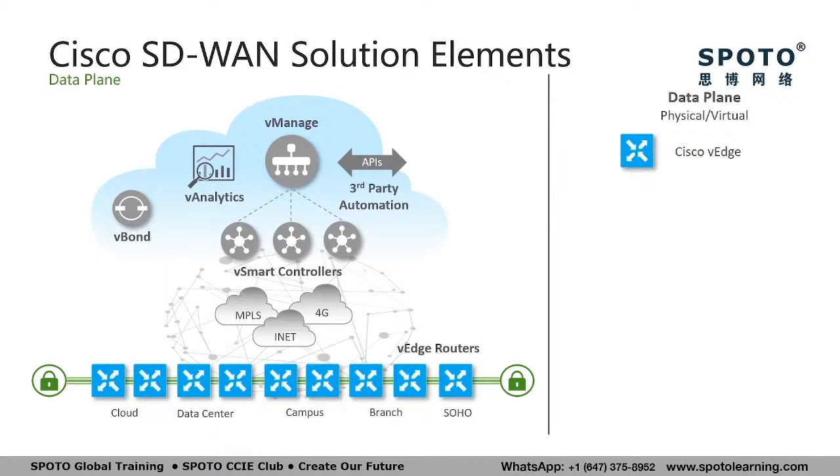Data plane and application-aware routing policies are implemented on the vEdge router. vEdge routers export performance statistics as well as alerts and events to centralized vManage system for a single pane of glass operations. vEdge routers also leverage standard-based OSPF and BGP routing protocols for learning reachability information from service-side interfaces and for brownfield integration with non-SD-WAN sites.